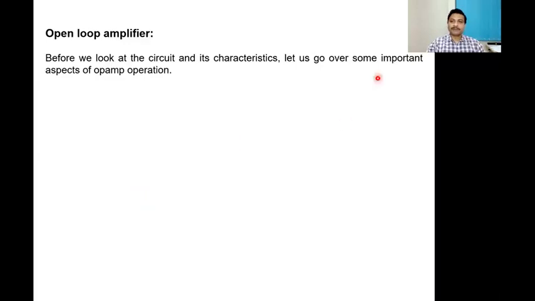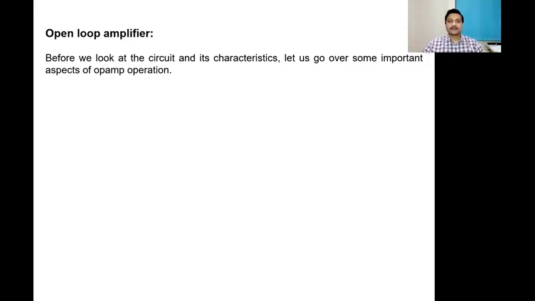So, an open loop amplifier. Before looking at this, we can go over some of the important aspects of operational amplifier operation, right? This is basically a slight recap from the previous lecture.